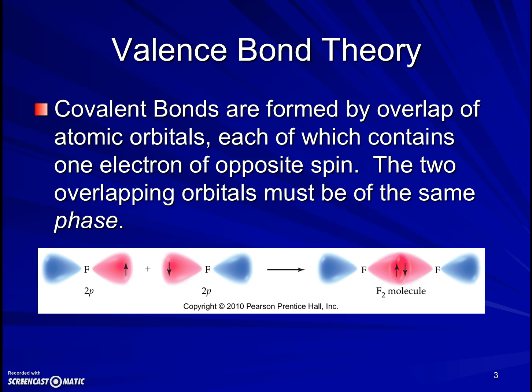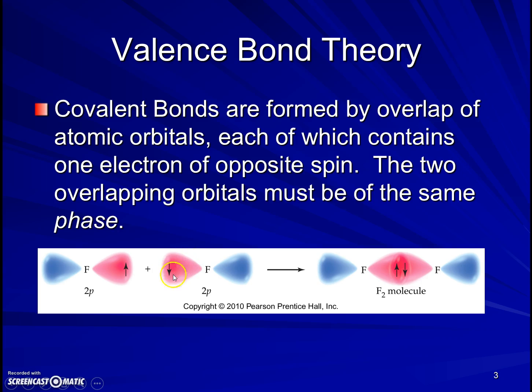We go on to a little bit higher level theory, a theory that explains bonding called valence bond theory. The idea is that covalent bonds are formed by the overlap of atomic orbitals, each of which has one electron of opposite spin. In order for the orbitals to overlap, they must be in the same phase.